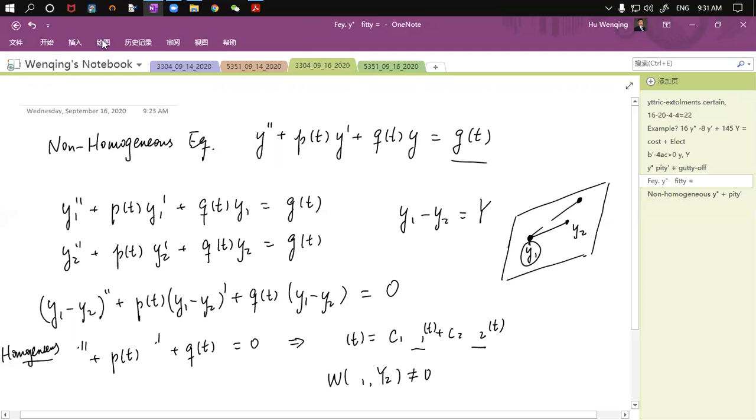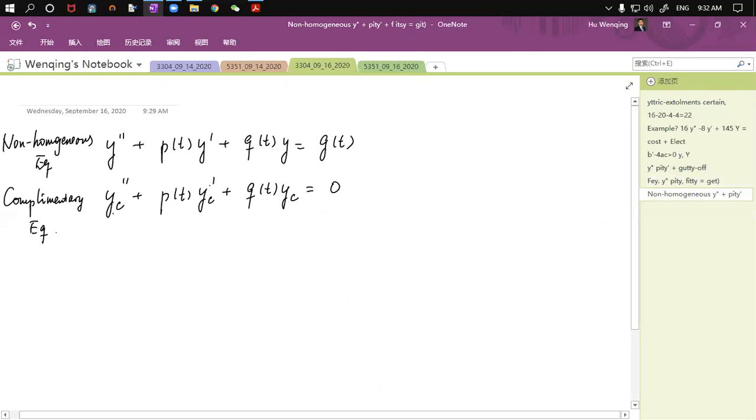The complementary solutions, let me say, are y1 of c and y2 of c. They're going to be complementary solutions. So this difference is just a complementary solution. Is it good, everybody? Okay, so that's complementary solution.